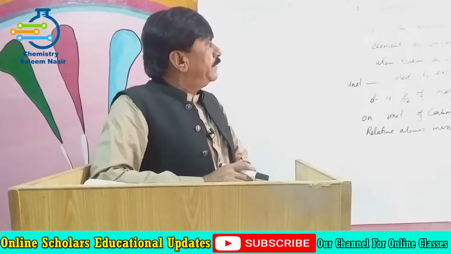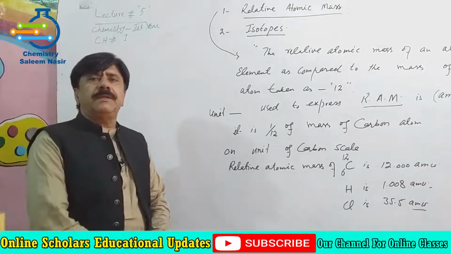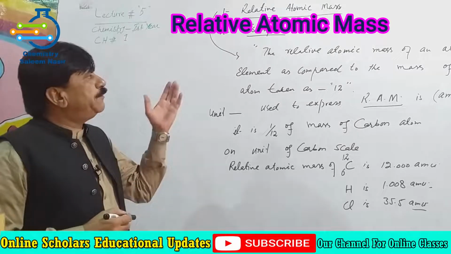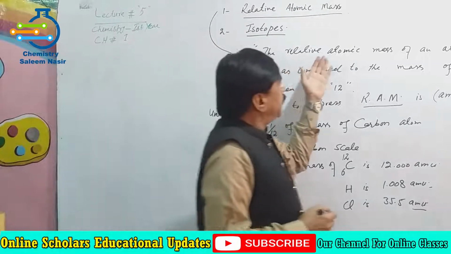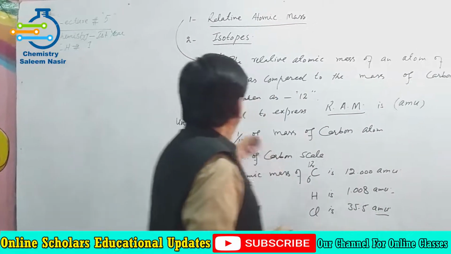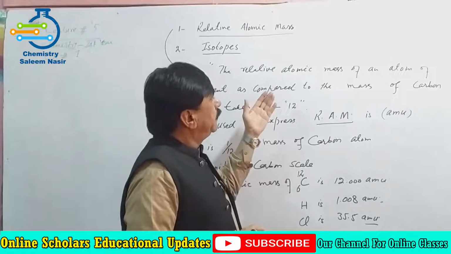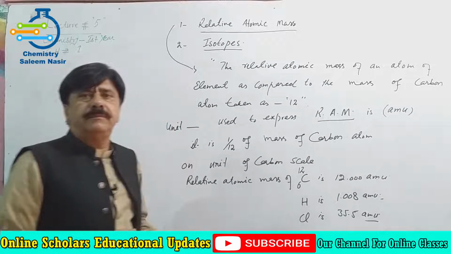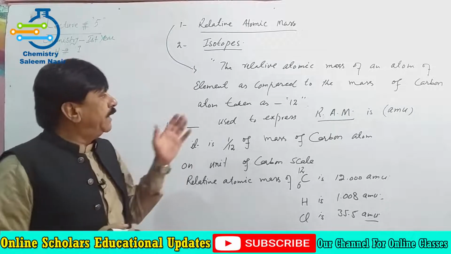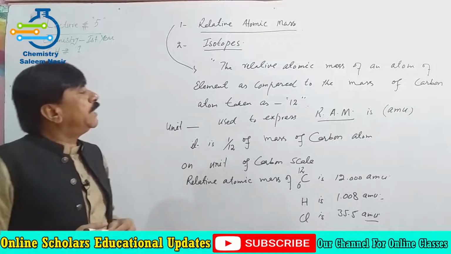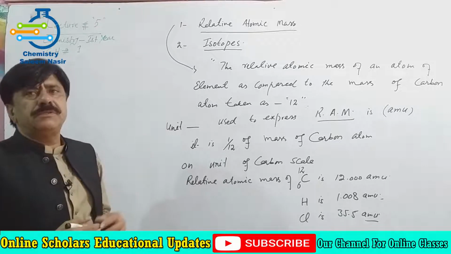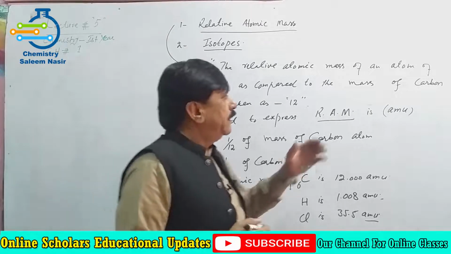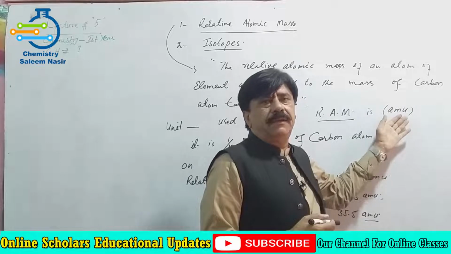The relative atomic mass can be defined as the mass of an atom of an element as compared to the mass of a carbon atom taken as 12. Students, the unit used to express the relative atomic mass is the atomic mass unit.